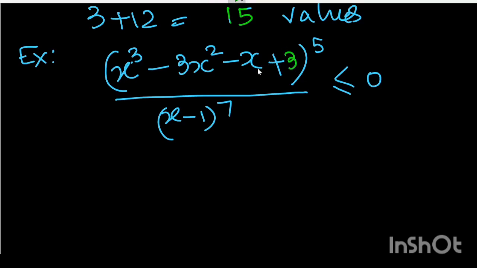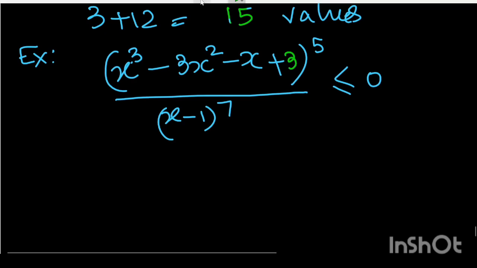Sometimes directly by taking common, we can find a linear factor, and then the quadratic can also be factorized. Otherwise, in other cubics, depending on the constant term, we have to use hit and trial to get the factors, if at all it has real roots. That is a part of the discussion in a chapter which follows, on quadratics.